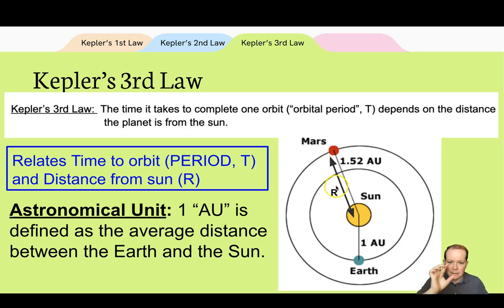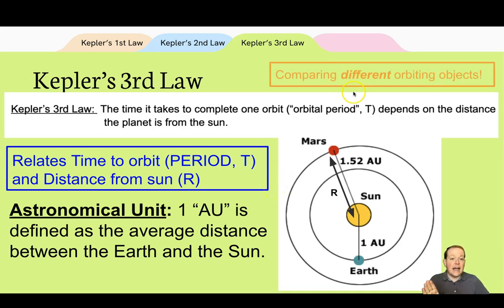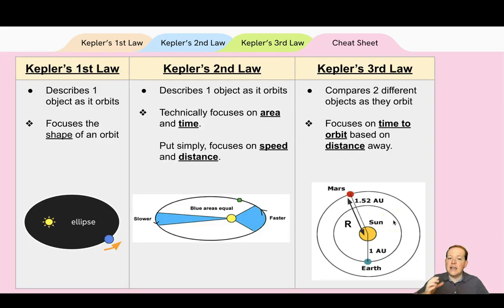But anyway, the third law is comparing planets. Again, we're looking at different orbiting things. The law compares Mars to Earth, or the moon to one of our satellites that orbits the Earth, or Venus orbiting the sun to Pluto orbiting the sun. So it's comparing different objects as they orbit.